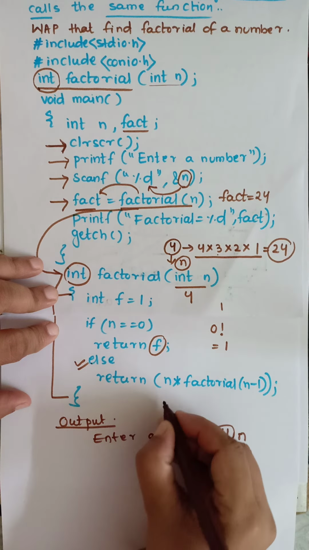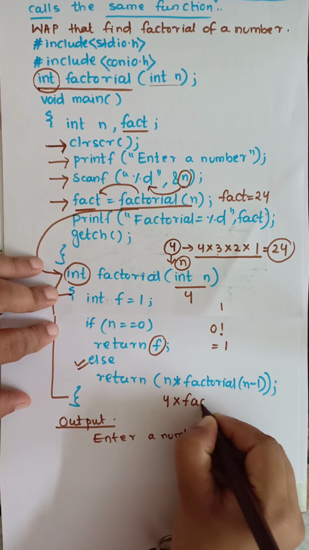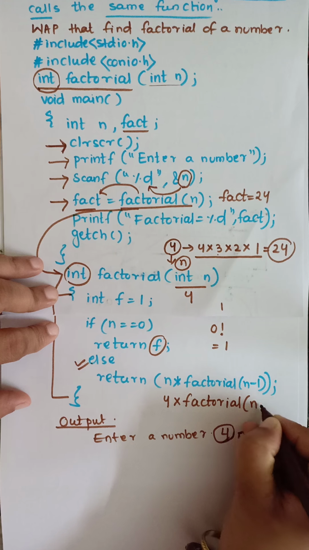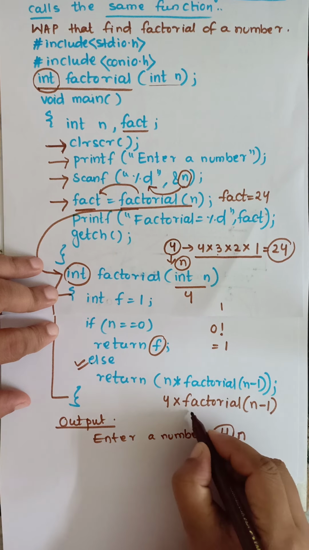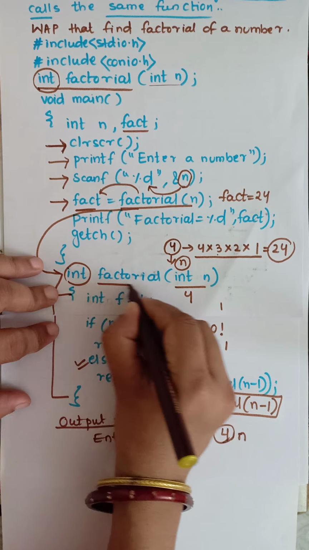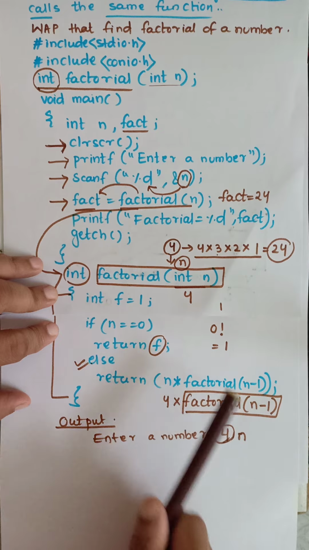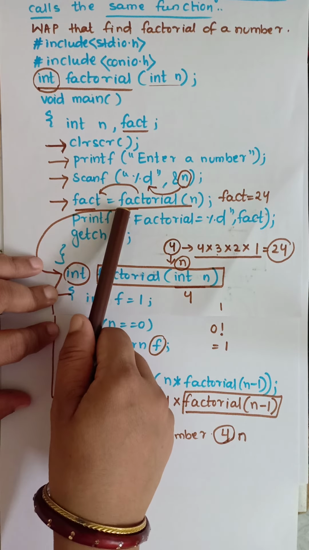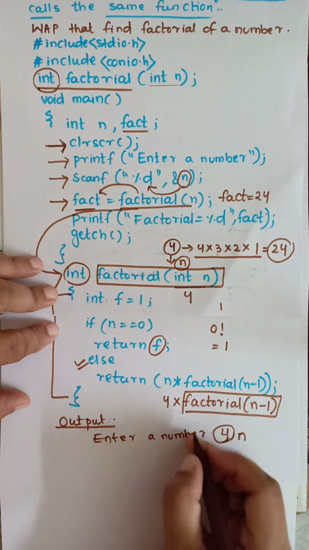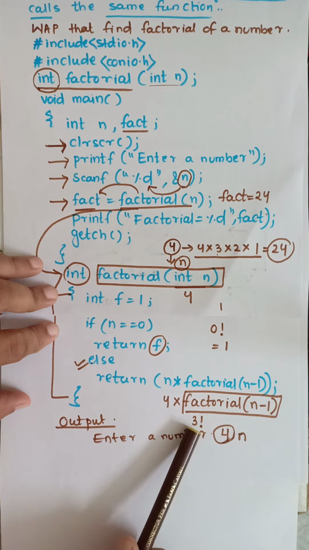Return n, meaning 4 into, again I call the function here. Look what is being done here, n minus 1. So now the same function I call again inside this function. Inside the factorial function I again call this function. Look here, I write factorial of n minus 1, meaning 3 factorial. N minus 1 factorial means we have to calculate 3 factorial.